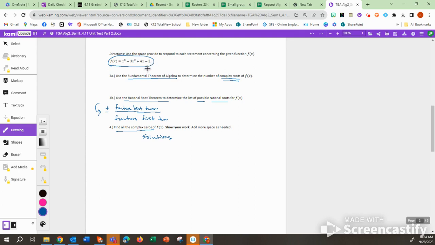Not going to really go into detail here. We've done several problems like this. Go back and look at your recordings from your Class Connect. If you need more help on this one, you can ask, but this one is just going back and looking at your equation and finding all the solutions. When it says complex, it means that some of those solutions could be imaginary.